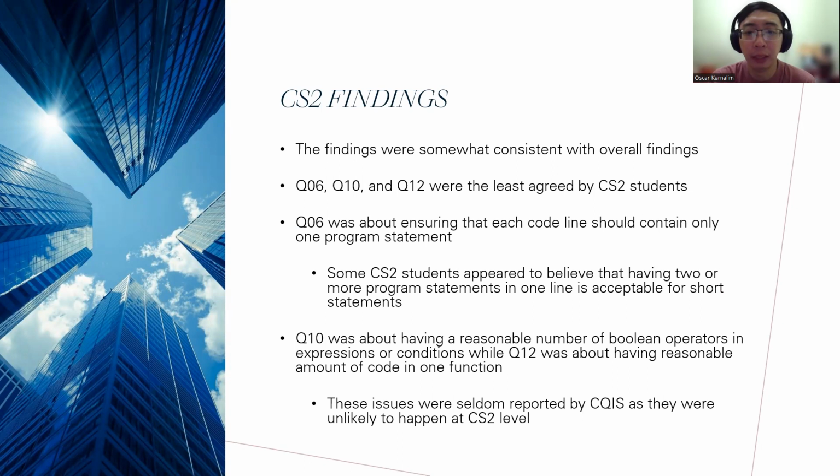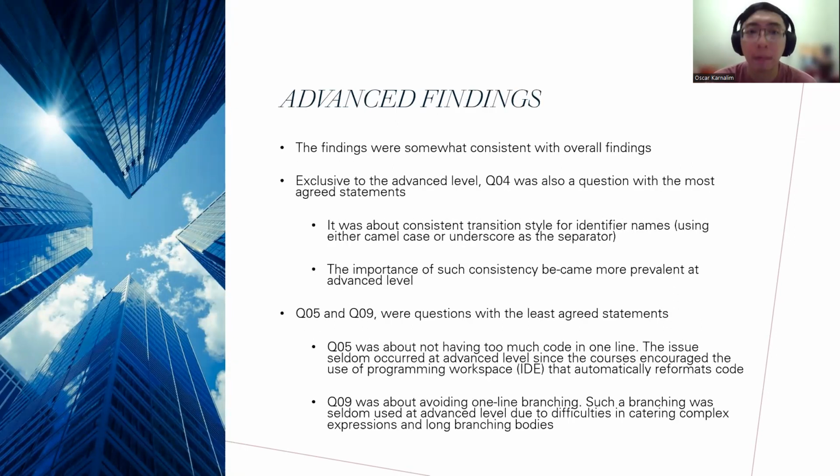Key 10 was about having a reasonable number of Boolean operators in expressions or conditions, while Key 12 was about having reasonable amount of code in one function. These were seldom reported by CQIS as they were unlikely to happen at CS2 level.